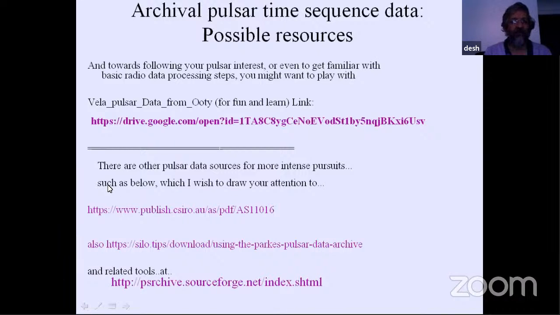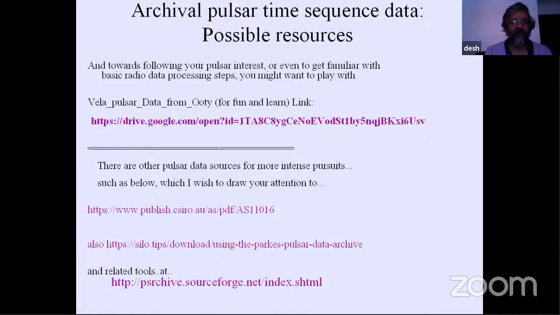In my own kitty, I have a small piece of data that was made available on purpose for students to play with and learn the essential aspects of radio data processing, which takes the voltage data as we call, which is numbers which are proportional to the electric field of the electromagnetic radiation received at any telescope.